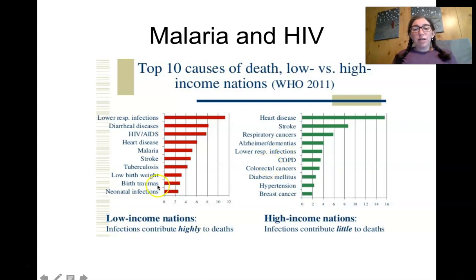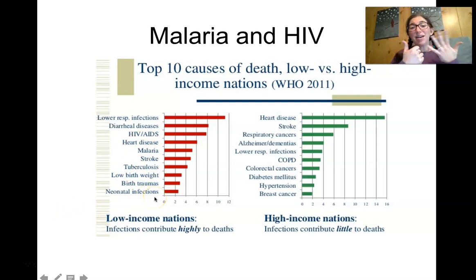But here in lower income nations, respiratory infections are the number one killer. And then diarrheal diseases, which are generally infectious. HIV and AIDS are infectious. Heart disease, malaria is infectious, not stroke. Tuberculosis, and then neonatal infections.